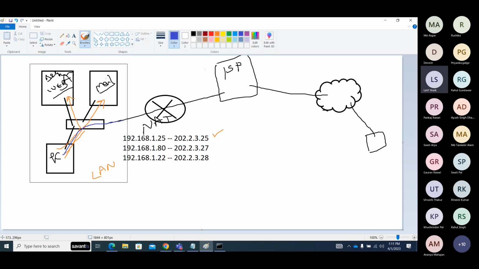This is PC22, with IP address 1.22. Up to here, this IP address in private; when it is going outside, this IP address.